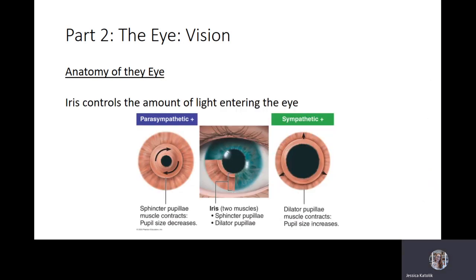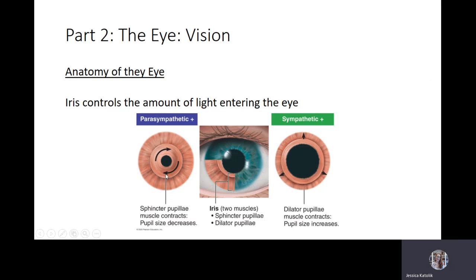So the iris does control the amount of light that enters the eye, and to be able to do this, we have two muscles within the iris. We have the sphincter pupillae and the dilator pupillae. Pupillae refers to pupil, so it's the sphincter and dilator of the pupil.